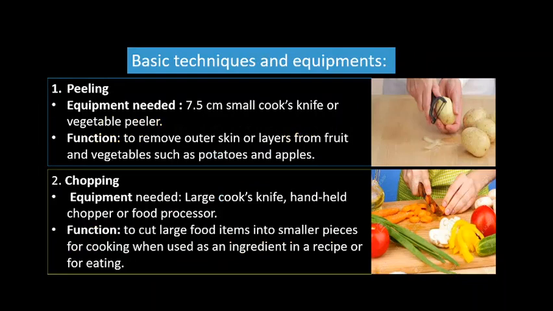Let's discuss peeling. Peeling, as you can see in the picture, is removing the outer skin or layers from fruit and vegetables such as potatoes and apples. In the picture, a person is peeling the skin from a potato, right? In order to peel off the skin, we usually use a vegetable peeler, or you can even peel the skin using a small cook's knife.